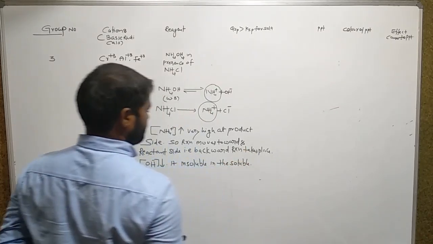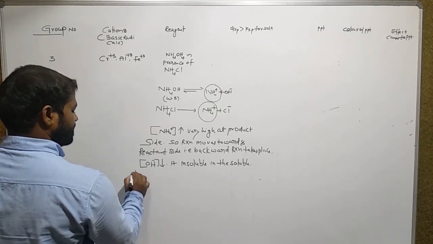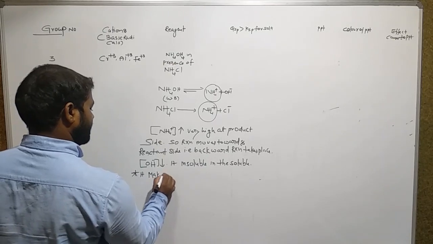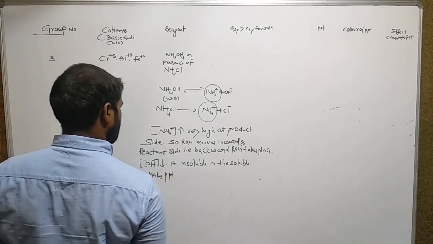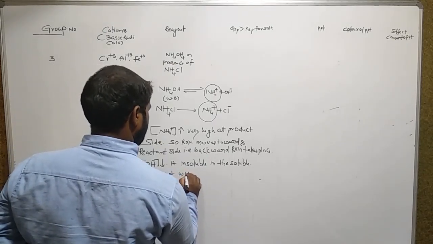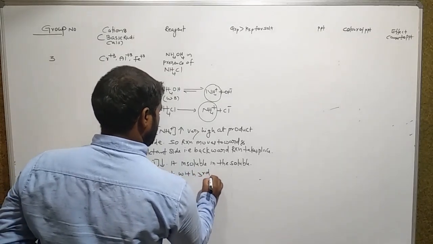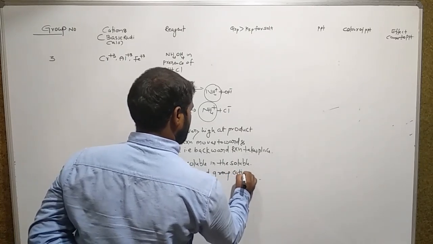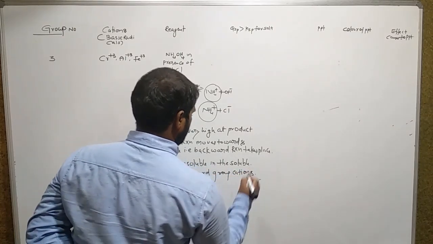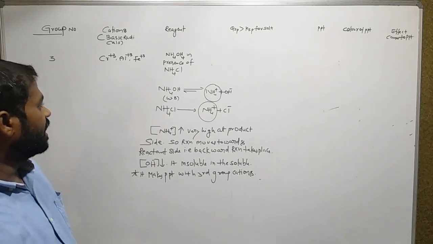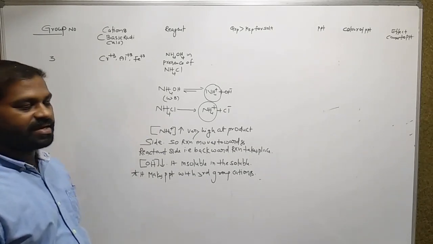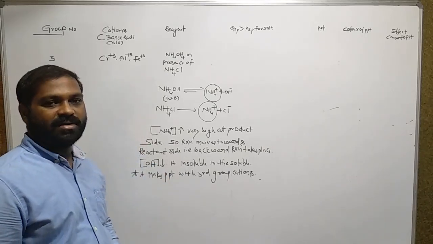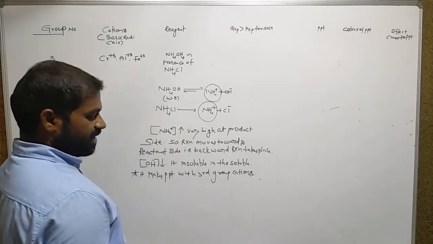It makes PPT with third group cations or basic radicals. These are the third group cations. So this OH minus ion interacts with this third group ion. Clear?